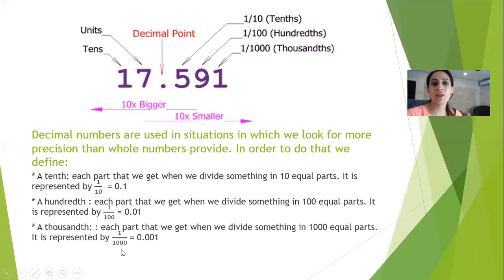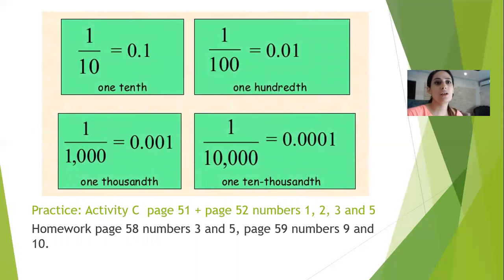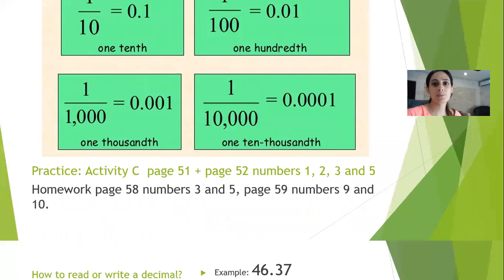So 1 thousandth, 0.001. Okay. So as you see in this picture, the tenth, the hundredth, the thousandth, and here the ten-thousandth. Okay, and these we solved inside the class. The practice activity C and the homework, we solved them inside the class in the previous hour.